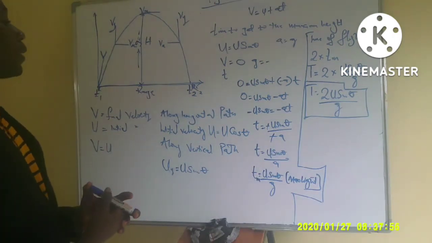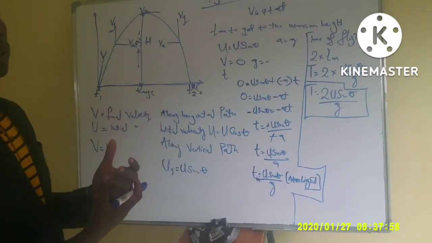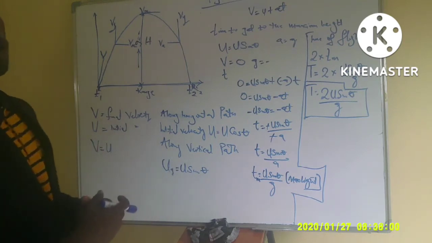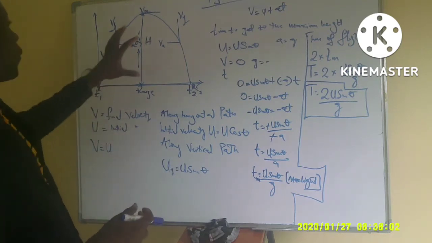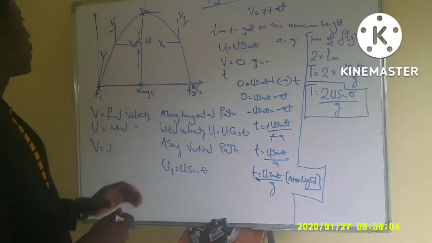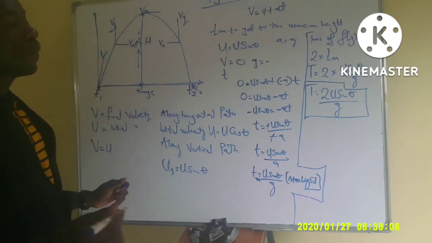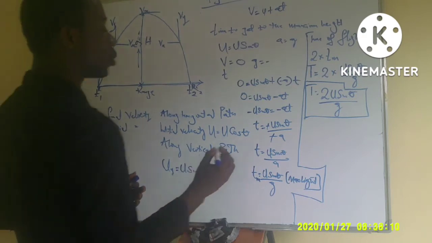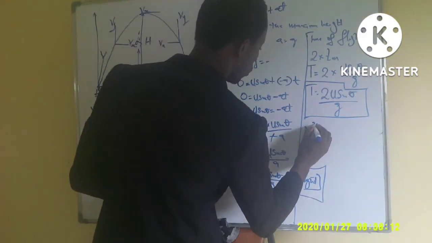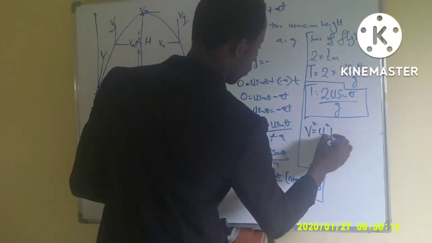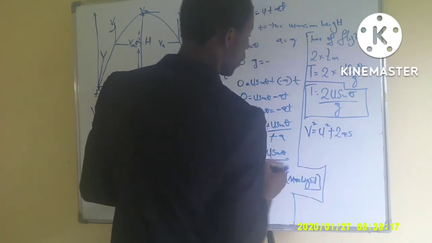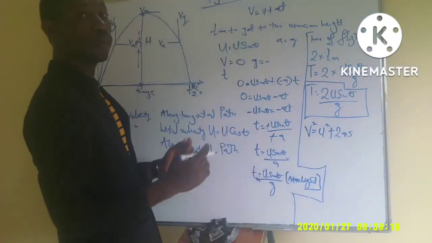Now, the next thing we are going to do is to find the maximum height. What is the value for the maximum height? We are going to take into consideration the second equation of motion, which is v squared is equal to u squared plus 2as. Remember, we are dealing with gravity here.